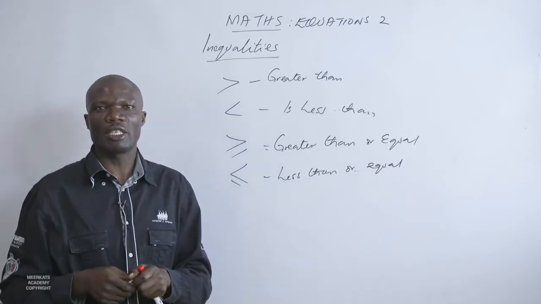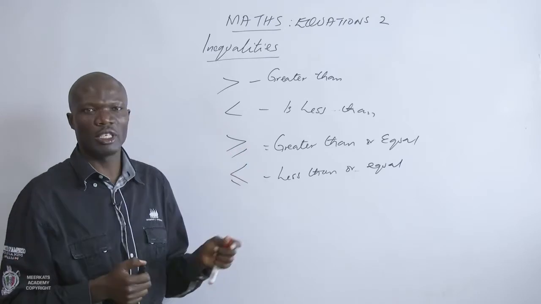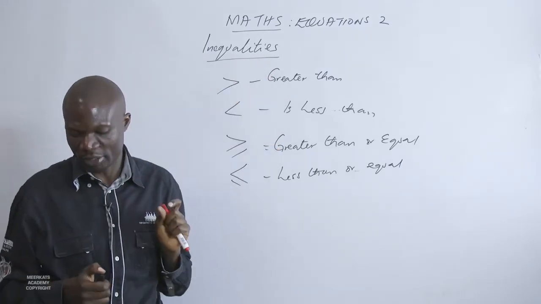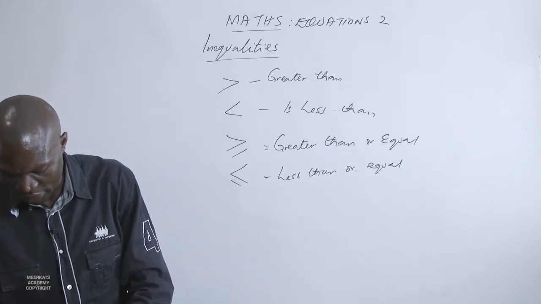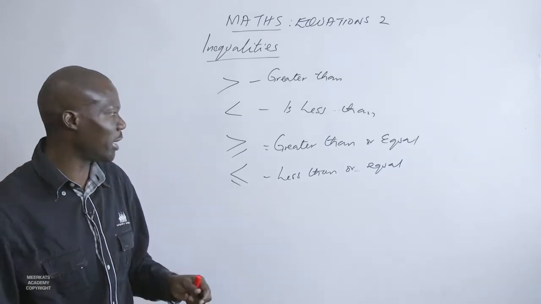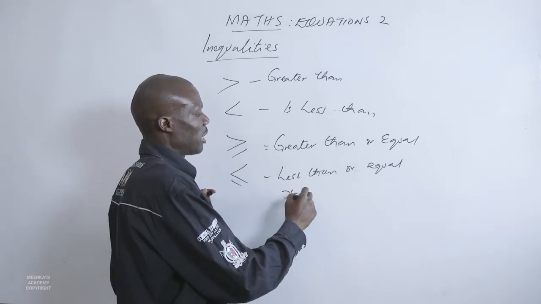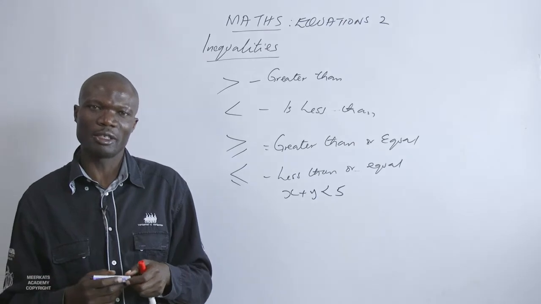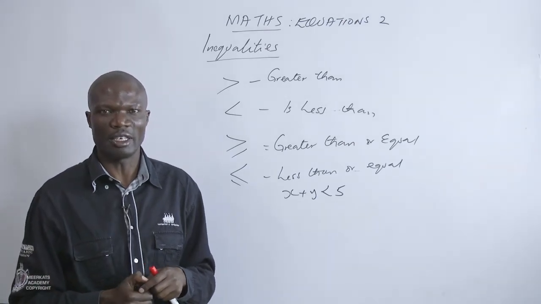So when you represent an expression with these signs, we say these are inequalities. A good example, we can say that x plus y is less than 5.